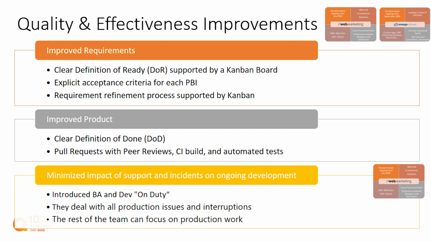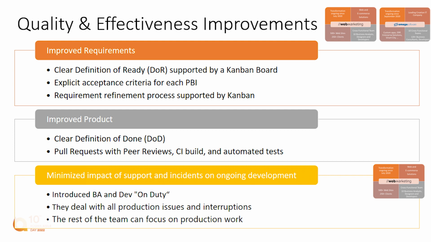So we have a Kanban board and the full-blown process to refine the requirements. They go through different parts of that Kanban and end up being of much higher quality than before. And that means no more garbage in, garbage out. So higher quality requirements, high quality product.